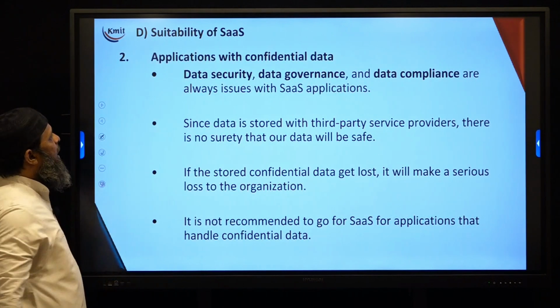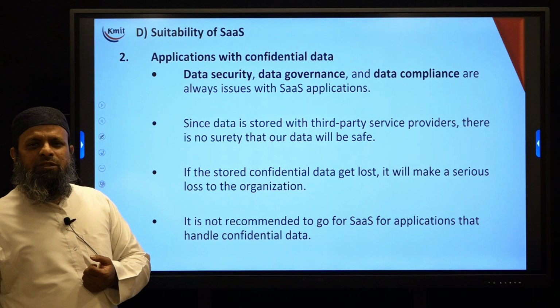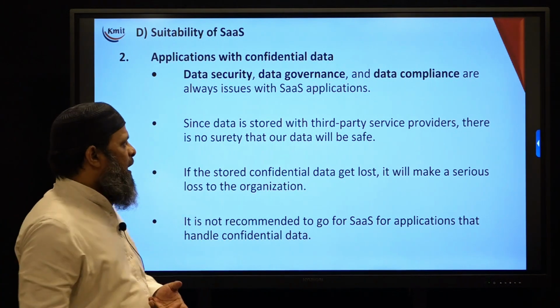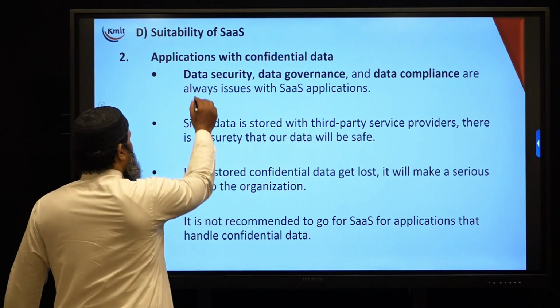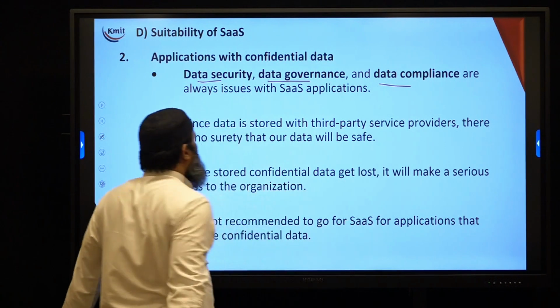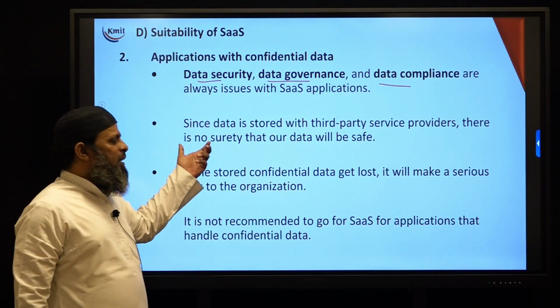Second, applications with confidential data. Whenever confidential data is involved, again we do not go with SaaS. The reason is there is always a problem with data security, data governance and data compliance, as data is stored at third party service providers.